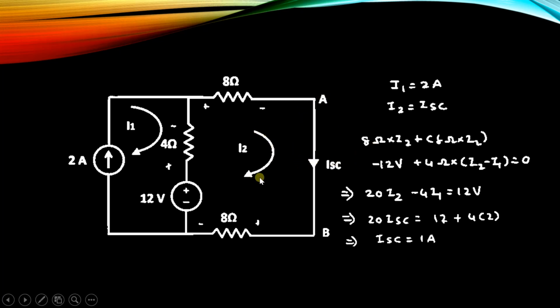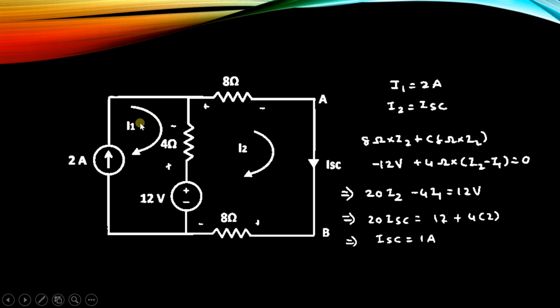Now we apply the KVL to this loop. We apply Kirchhoff's voltage law to this loop, and it will become 8 ohm, we are moving clockwise, 8 ohm into I2, because I2 current is flowing, plus, this minus negative to positive, minus 12 volt, then plus 2 minus plus 4 ohm into, now look into this, here in this branch I2 current as well as I1 current is flowing.